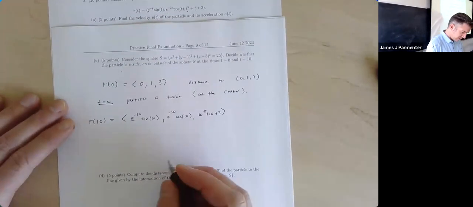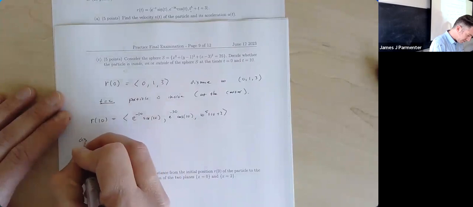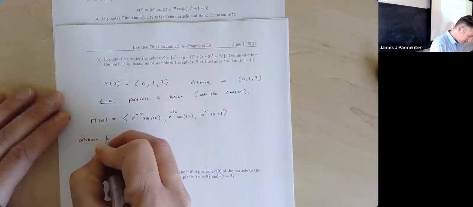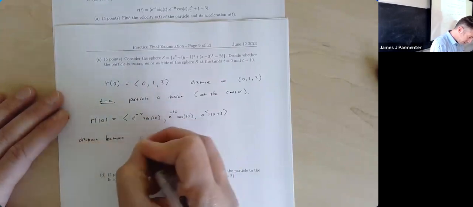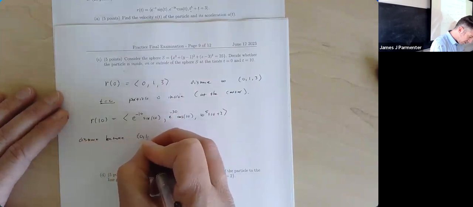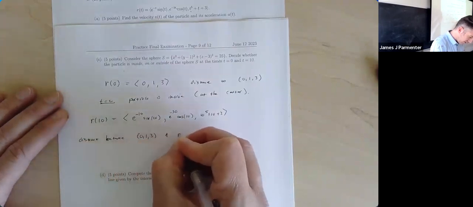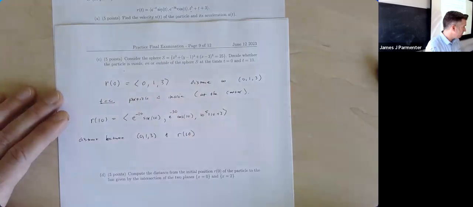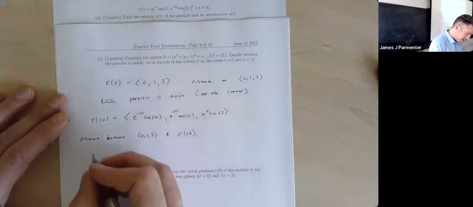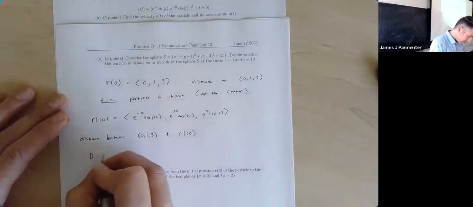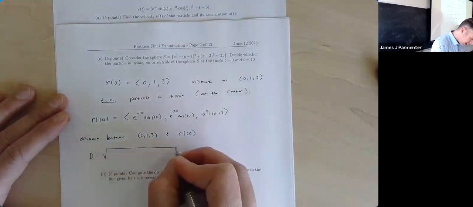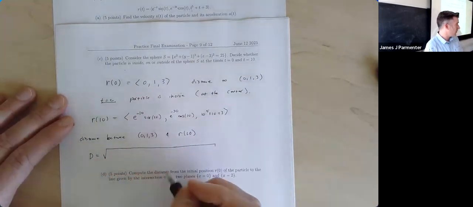So let's see. If I want to find the distance between the center 0, 1, 3 and what r of 10 is, because I don't really want to write it again, I know how to use the distance formula. The distance is going to equal square root of, I wouldn't even pay attention to the first two terms.